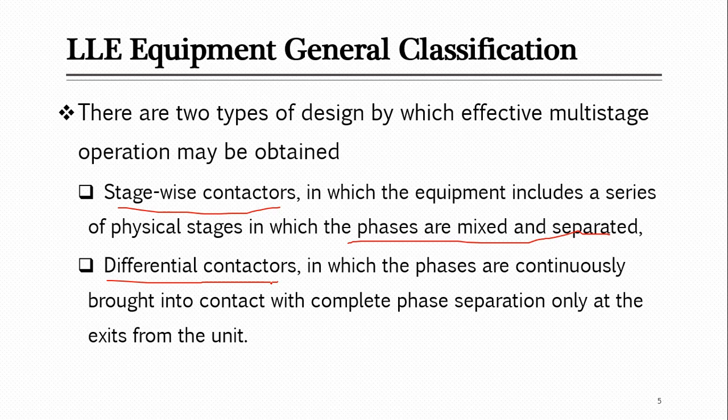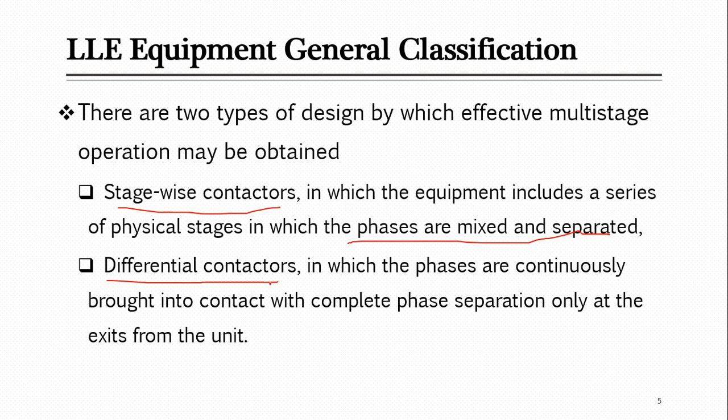We will look at these in detail, but here you can consider that there is some vessel in which contact is taking place, and then from the same vessel separation happens. If you remember the example of acetic acid extraction from water yesterday, there was one extractor, only one vessel in which feed as well as solvent come in contact with each other, and from the top one phase was leaving and from the bottom the other phase was leaving.